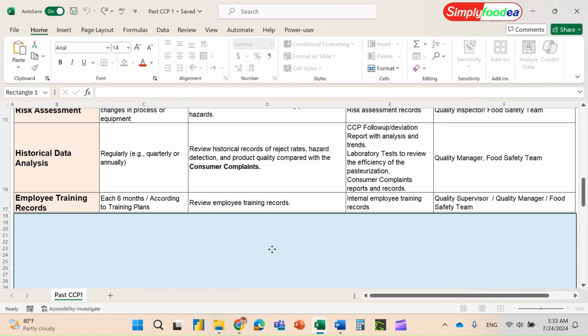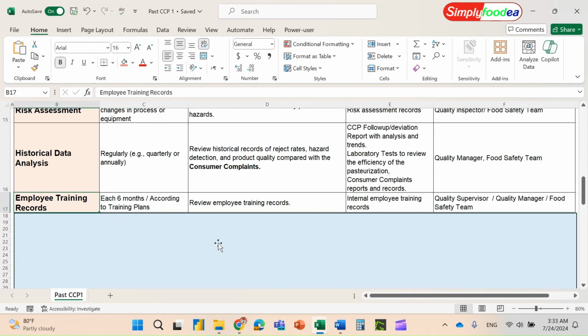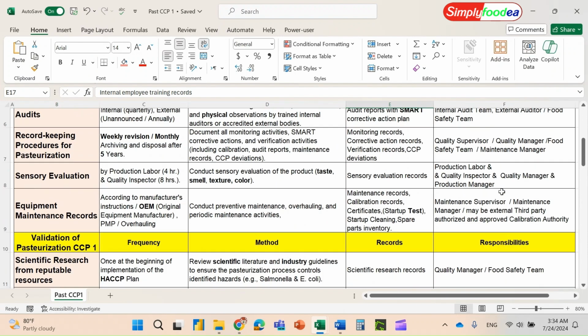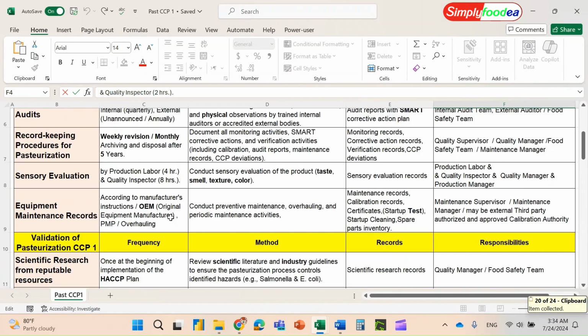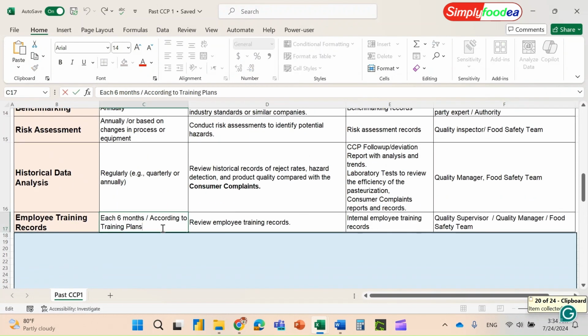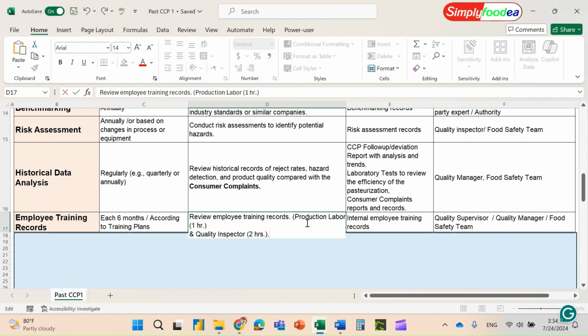And finally, the validation of the training records. Are we training our people, the production labor and the quality inspector, who are responsible for these tests, because they are the people who will carry out the tests?